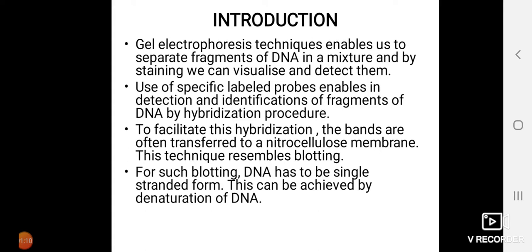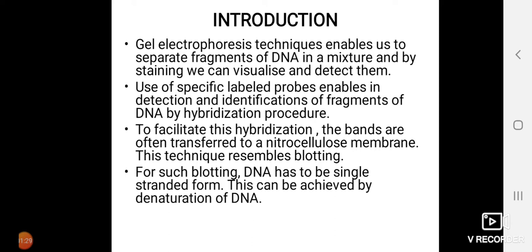Blotting has some prerequisites, like we have to do an electrophoresis, wherein we are going to separate the nucleic acids, or in case we are studying proteins, then we have to separate the proteins.